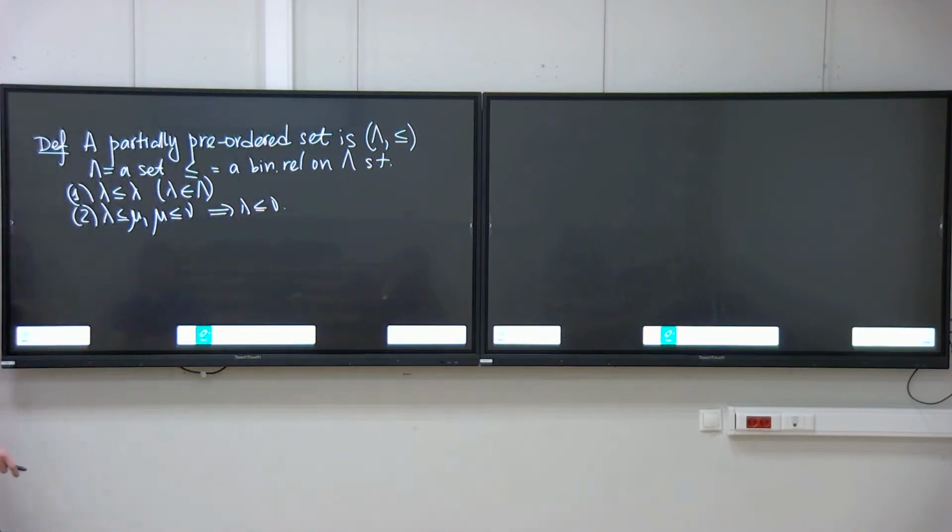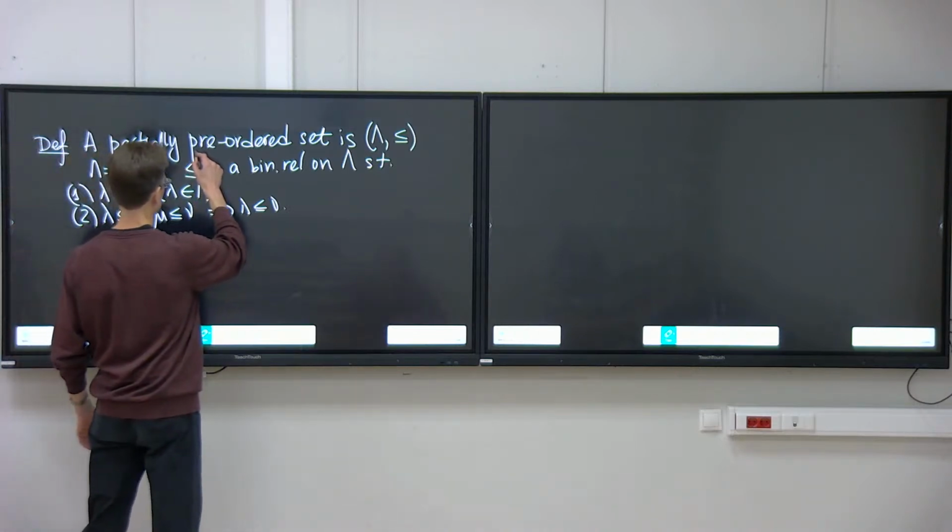So the difference between this definition and the definition of a partial order is that we don't require anti-symmetry. Sometimes this generalized notion turns out to be more convenient.